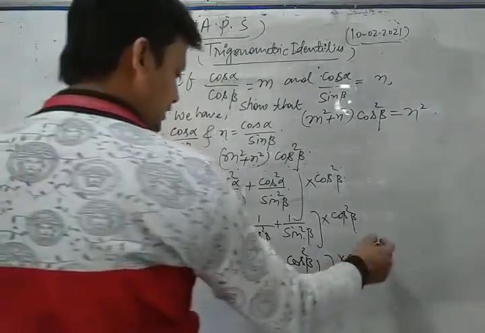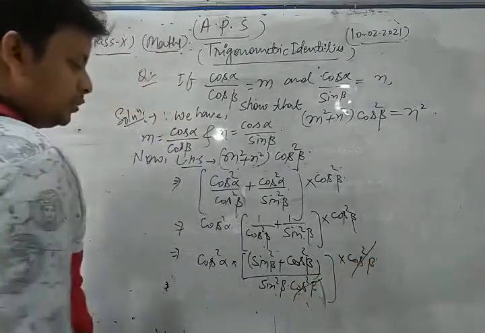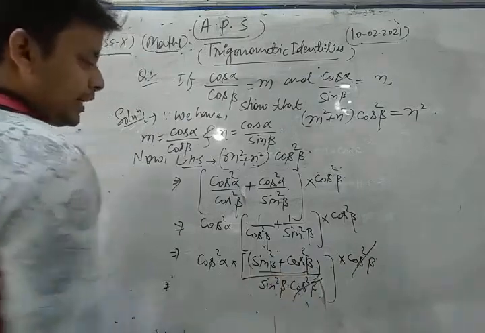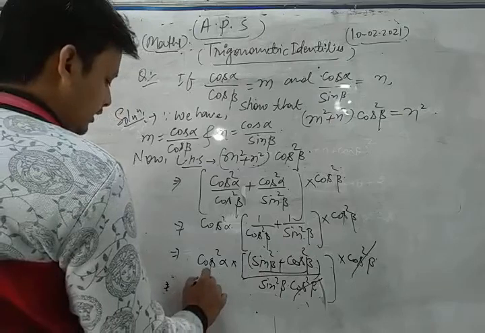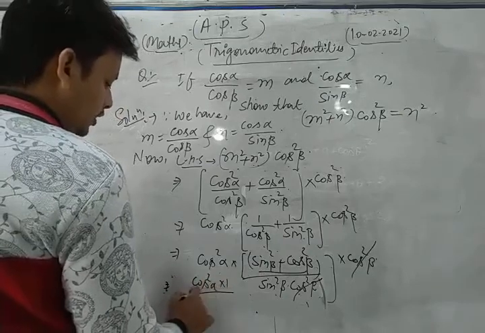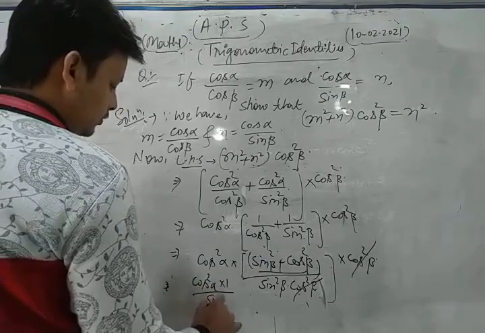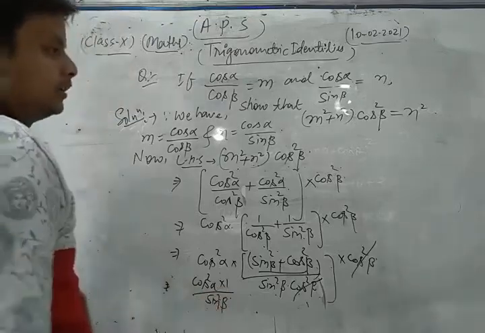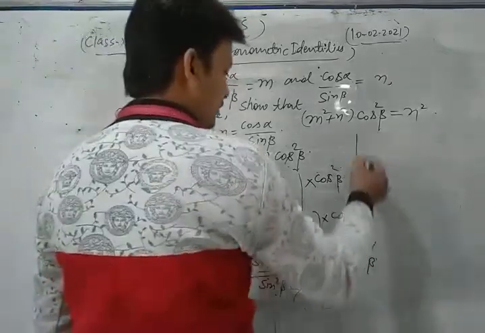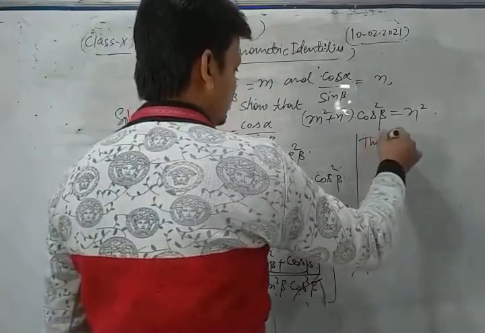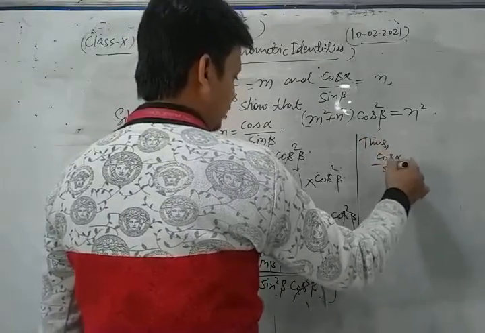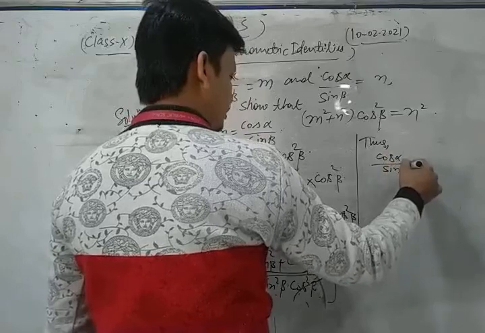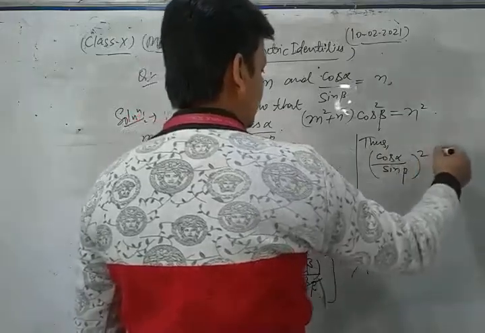Now cos square beta cancels on each other, and you know that sin square beta plus cos square beta is 1, so here we get cos square alpha into 1 upon sin square beta. Thus we can write (cos alpha upon sin beta) whole square.